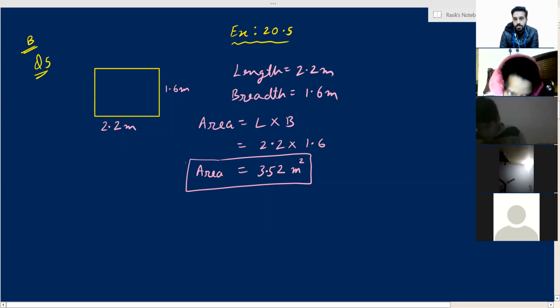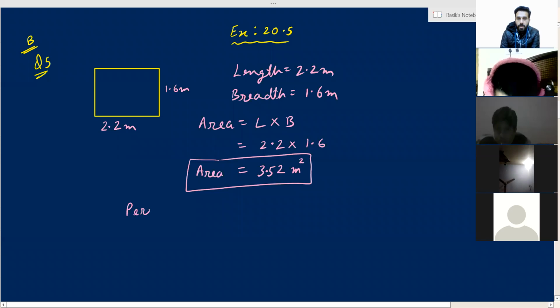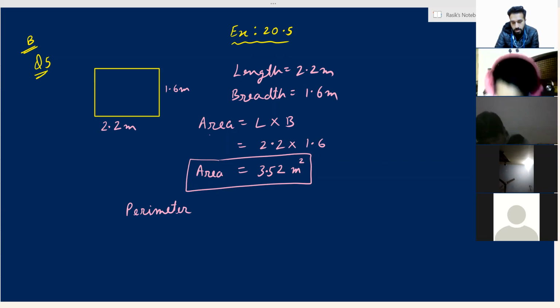And you have to find the perimeter also. How many of you have got the area correctly? Has anyone posted the answer in the group? Sir, I have posted the answer. Rayansh, can you send it again?